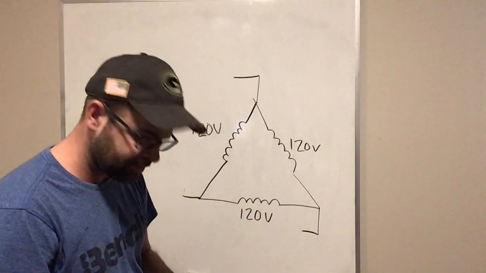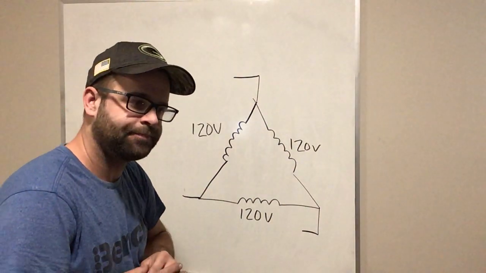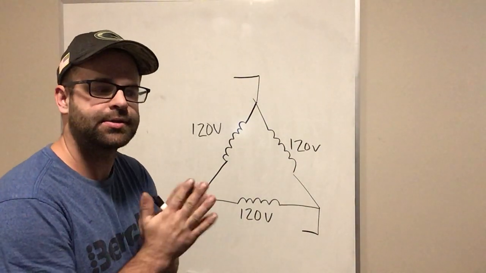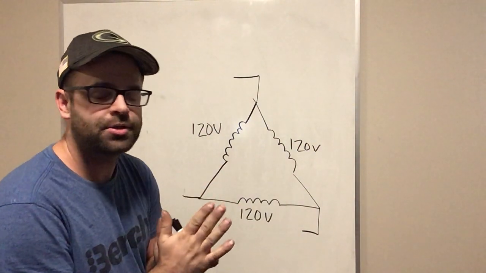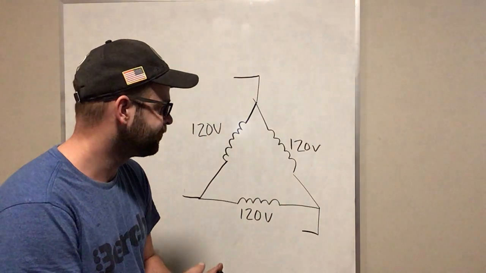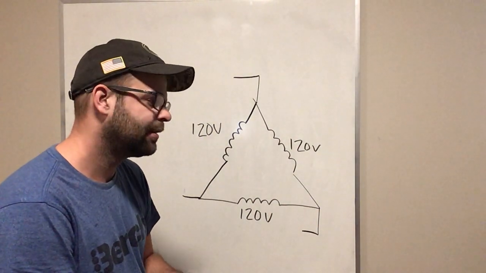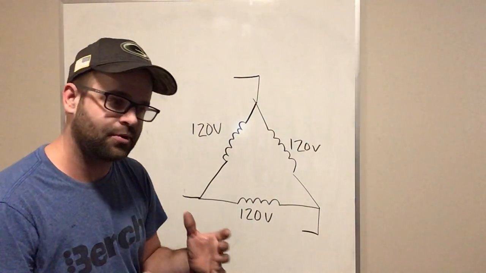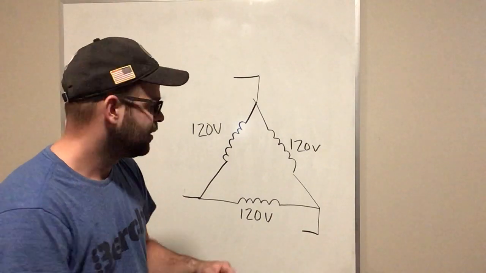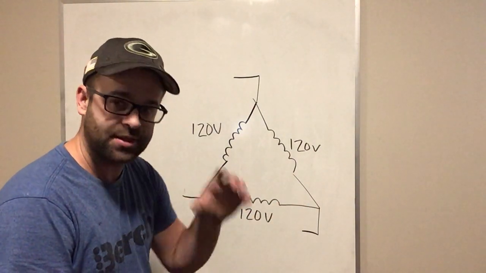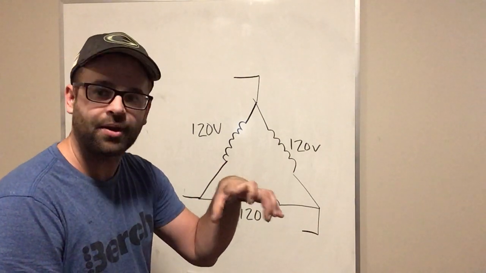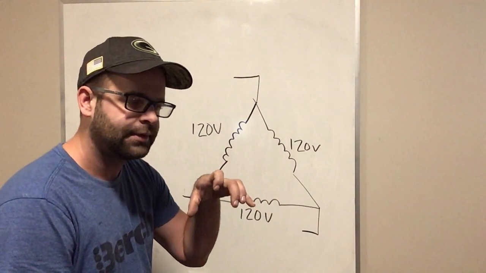And in our delta configuration, the only difference between a Y configuration and a delta configuration, structurally, if you're looking at an alternator, is how the connections are made in the junction box or the pecker head in the top of the motor.